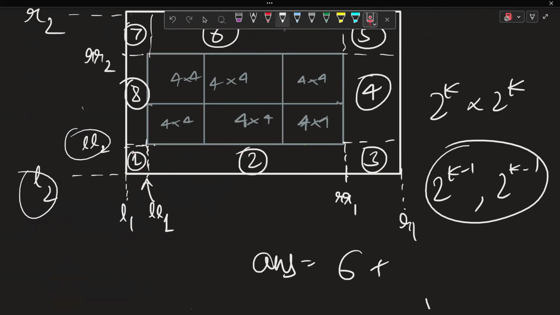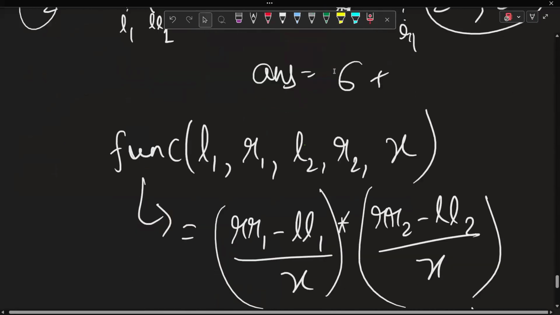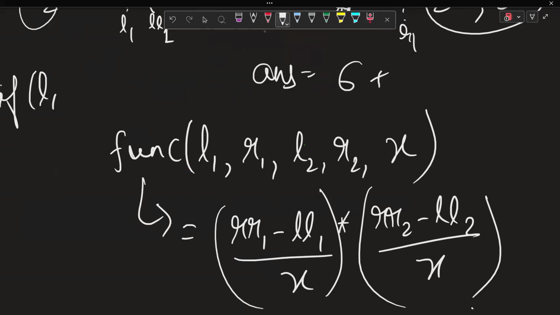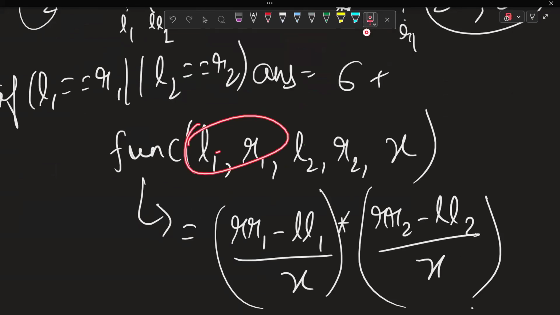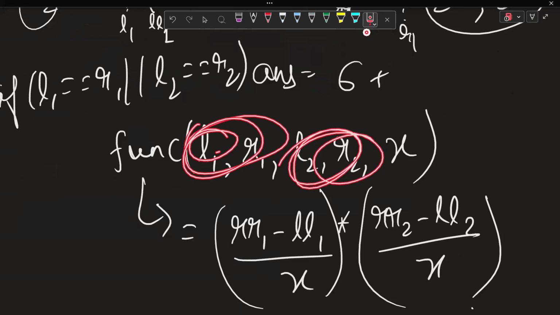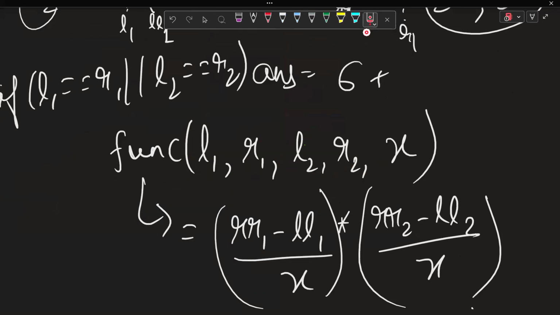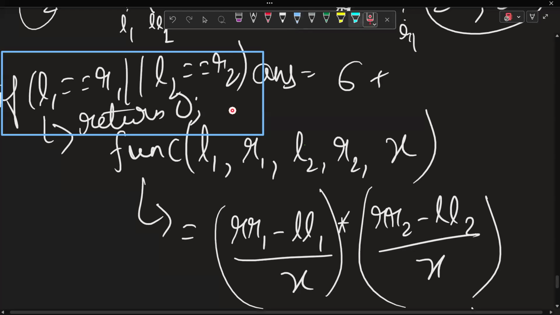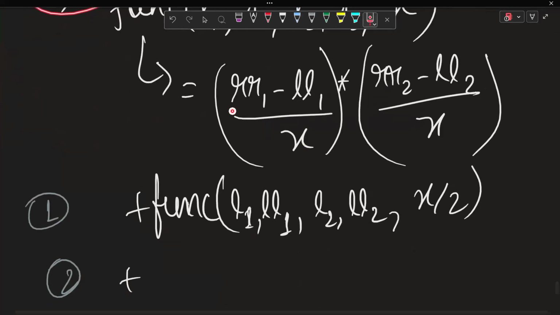So if in my function my L1 becomes equal to R1, or if L2 becomes equal to R2, if there is no difference between these two, that means I have an empty rectangle. The area of the rectangle is 0. That rectangle doesn't exist. So then I can just return 0. Okay, so this would be my base case, and this is my transition.